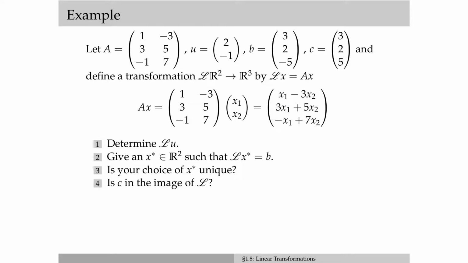Alright, so let's do an example of this that is not based upon one variable functions, but a linear function like this. So I define a matrix A as so, and I give you these three vectors.